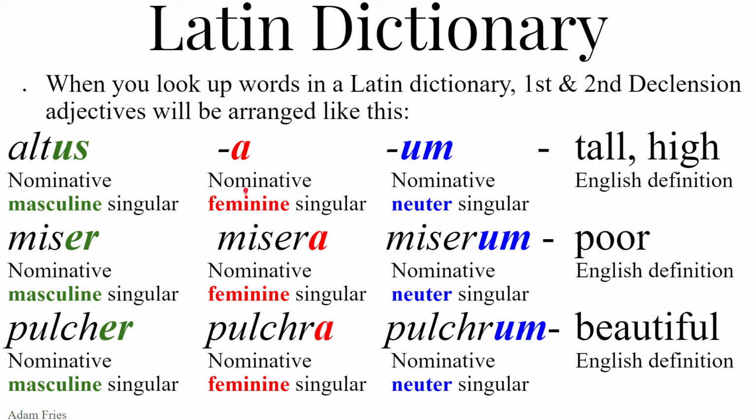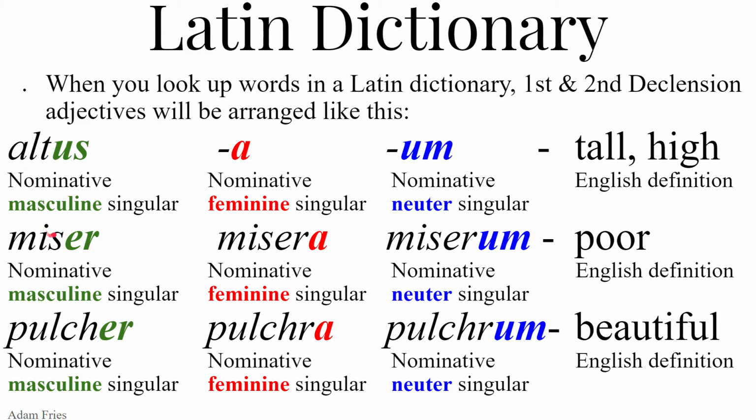Notice I did not abbreviate these like I did up here. Adjective forms, feel free to abbreviate because the stem is found by chopping off the us. The stem can be found in the masculine altus. So you just chop off the us and you'll get the stem. So altus, the stem is alt. Latus, the stem is lat.